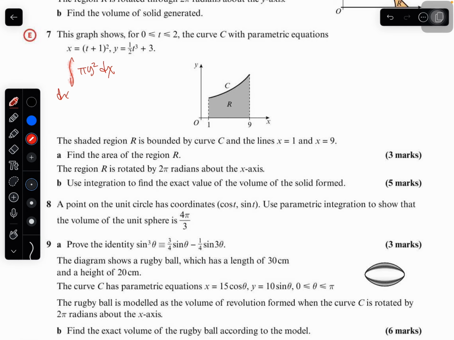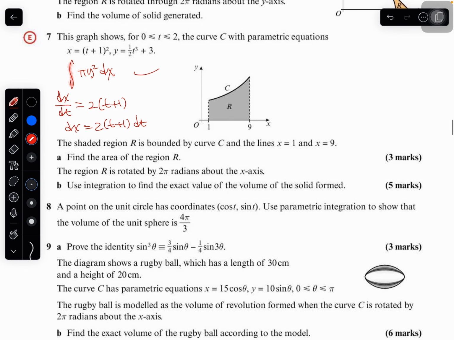So dx over dt becomes 2t plus 1, so dx becomes (2t plus 1) dt. So x between 1 to 9: when x equals 1, t equals 0, and when x equals 9, t equals 2.